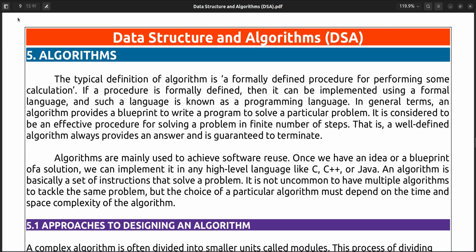As we have already seen in our first data structure and algorithm session, what is an algorithm? It is a set of rules that instruct the computer what to do and in which sequence the operations have to be performed.